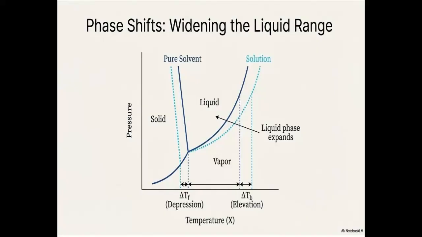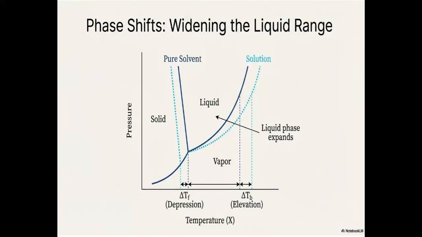And when we move the liquid boundary towards the right, we are elevating the boiling point of that substance. And when we move the boundary of the liquid towards the left, we are decreasing or depressing that freezing point. The triple point stays the same in there.